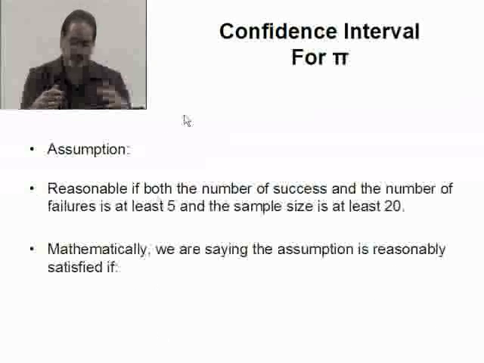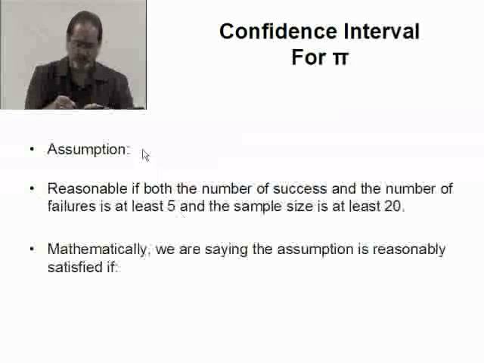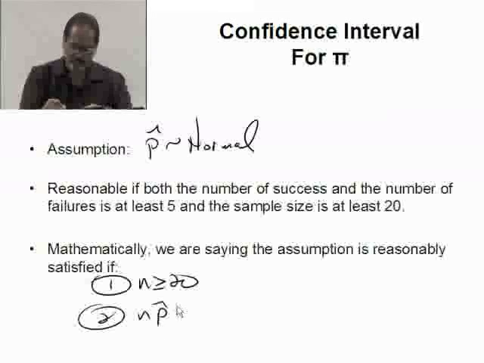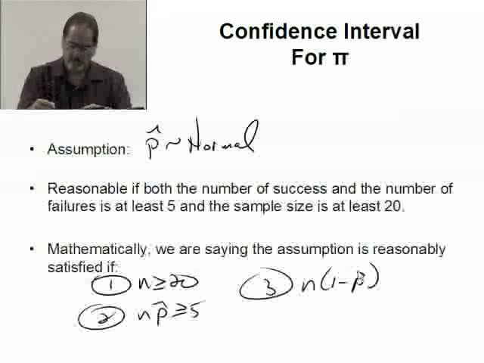Actually, this slide just redoes what I just did. I'll do it again here real quickly. This is saying p hat is distributed normal. That's the assumption. And it's mathematically satisfied if n is at least 20, n times p hat is at least 5, and n times 1 minus p hat is also at least 5.